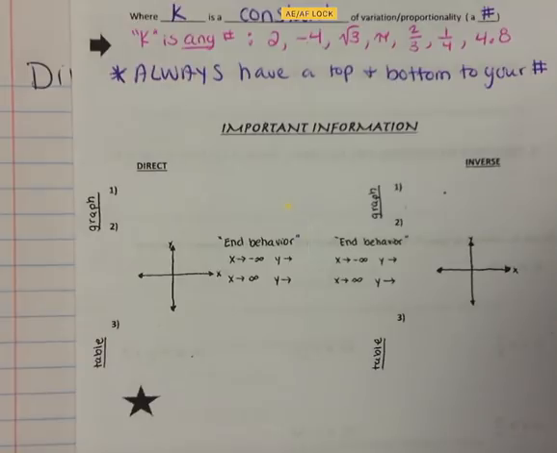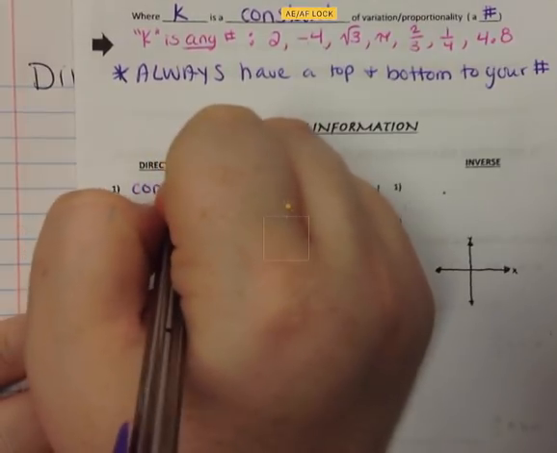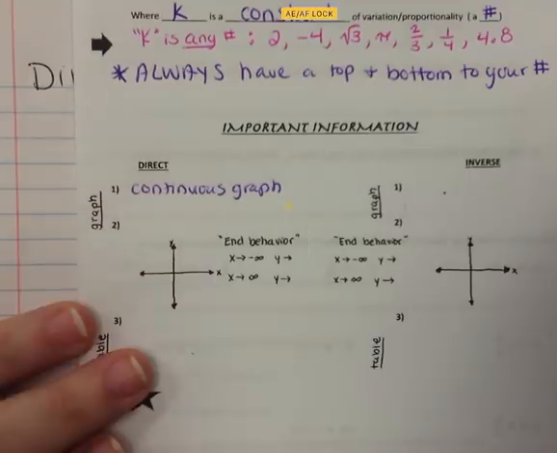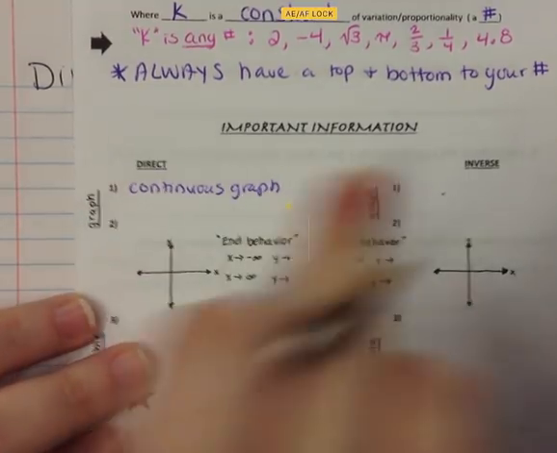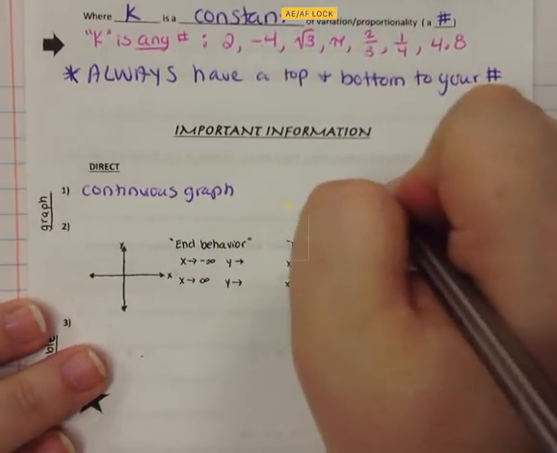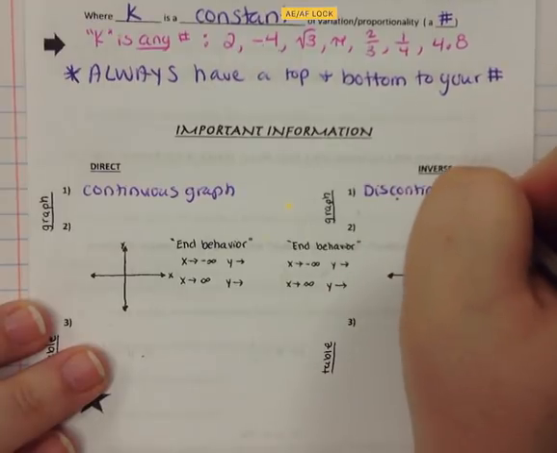So graphically, direct variation should be a continuous graph. An inverse variation would be a discontinuous graph.